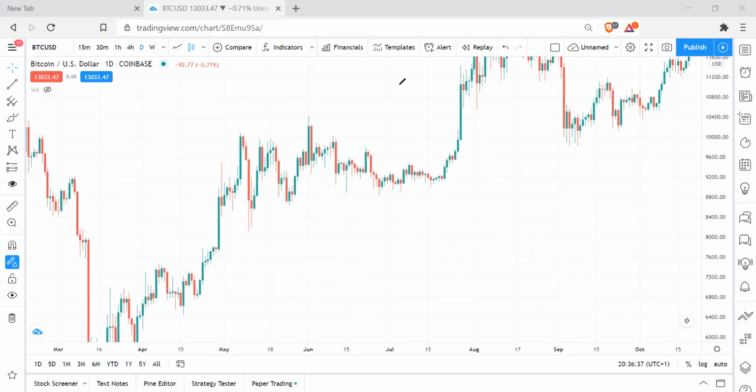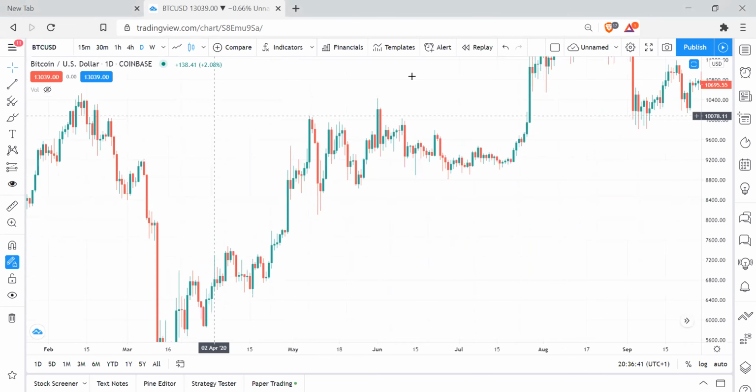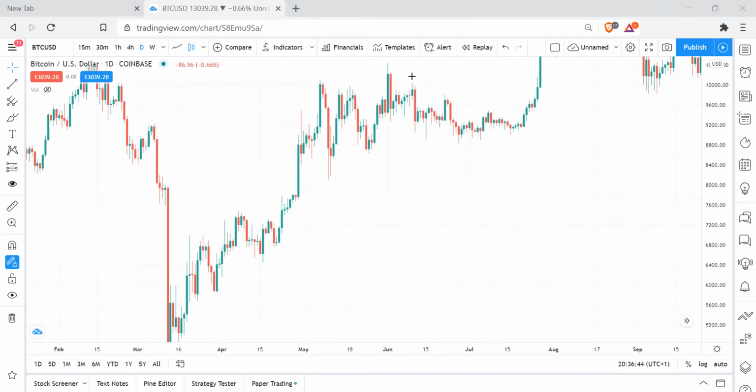So let's actually see that on charts now. This is a chart on the daily time frame. You see over here, D. What you have up here, 15M, 30M, 1H, 4H, and weekly. These are all called time frames.